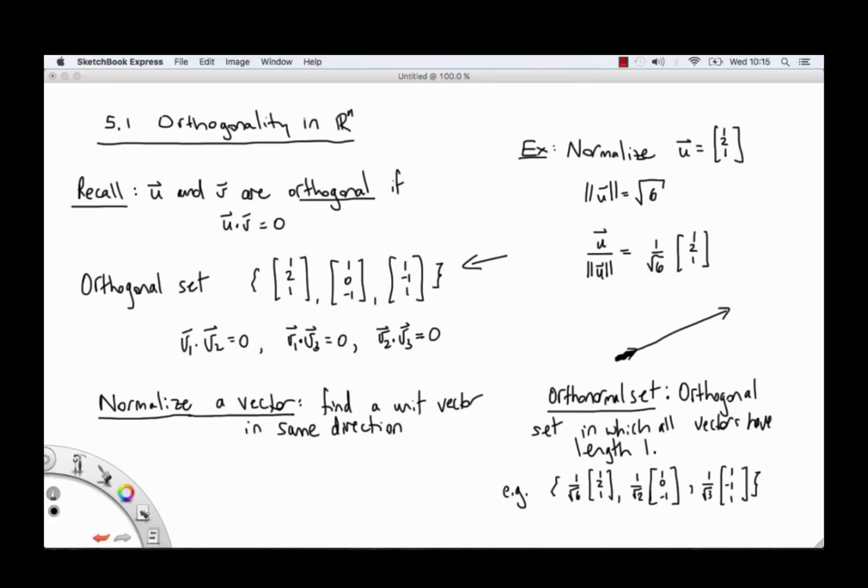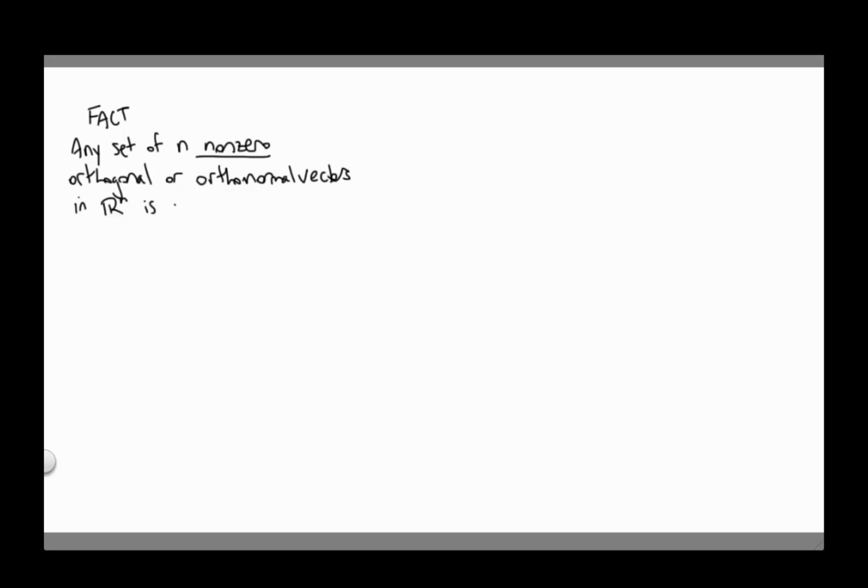And let's talk about why we care about these orthogonal or orthonormal vectors. So let's write down a fact and then draw some pictures based on that. So our fact is that any set of n non-zero orthogonal or orthonormal vectors in Rn is a basis for Rn.